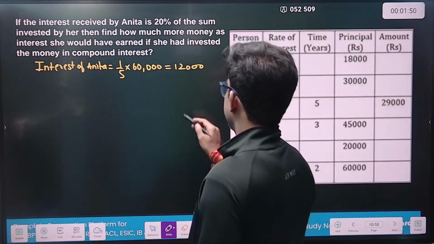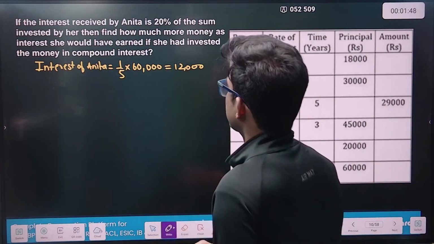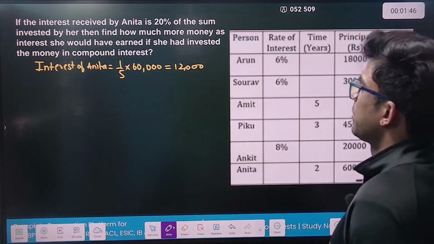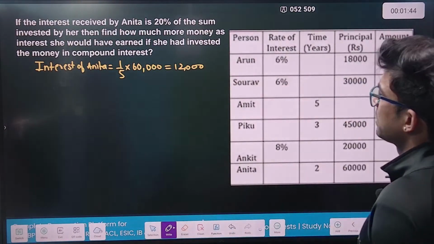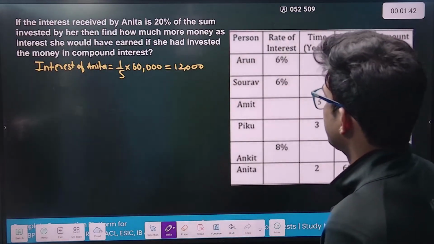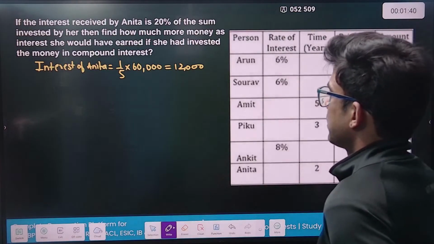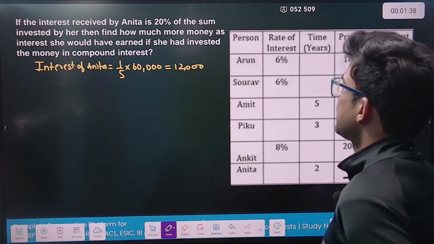Is it fine? I hope so. Find how much more money as interest she would have to earn if she had invested the money in compound interest. So this is the interest of Anita.